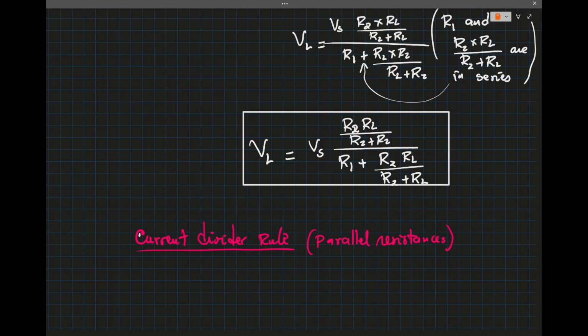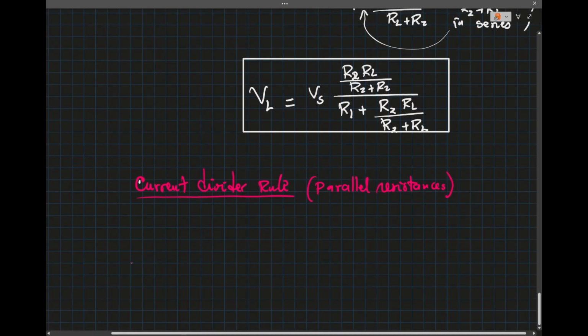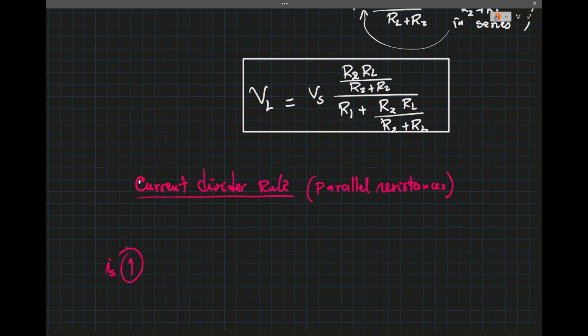Okay, so let's take this example. So this is IS, then we have A here, B here. Let's say we have R1 and R2.